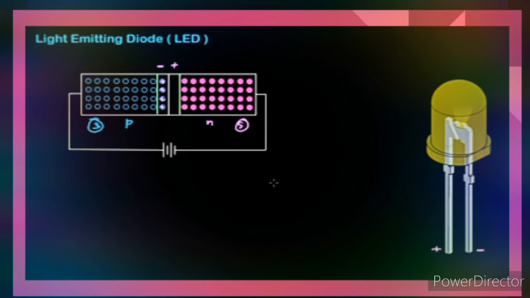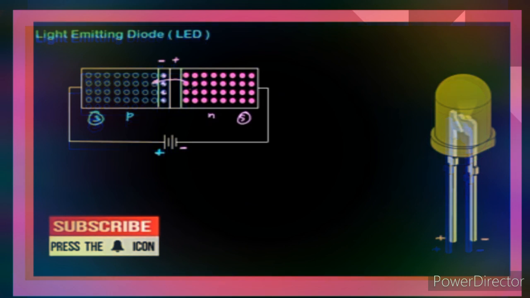To do this, the N-type material should be connected to the negative terminal of the battery and the P-type material should be connected to the positive terminal of the battery. In other words, the N-type material should be negatively charged and the P-type material should be positively charged.